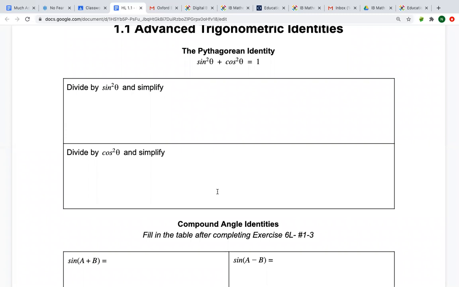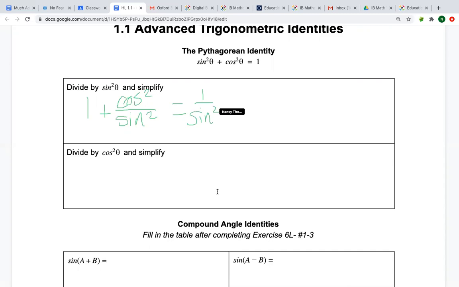So that's sine squared plus cosine squared equals 1. So if we were to divide everything by sine squared, we would end up with 1 plus cosine squared divided by sine squared is equal to 1 over sine squared.